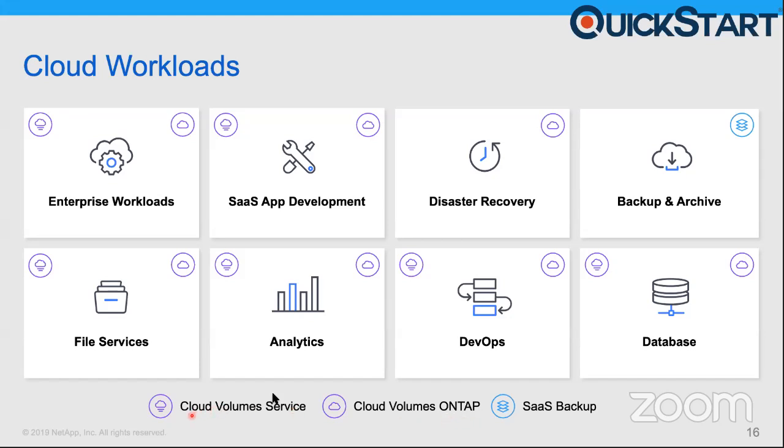Or it might be just a volume that is being hosted behind the scenes on a NetApp controller, and it's going to be available to you, right, only on a per consumption basis. So that's what we call Cloud Volume Service, right? So what is the big difference?